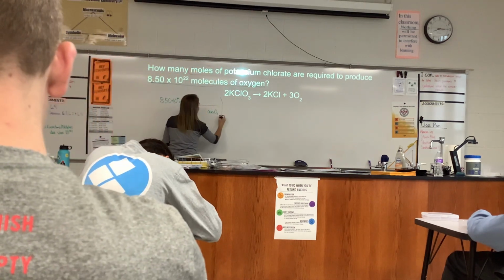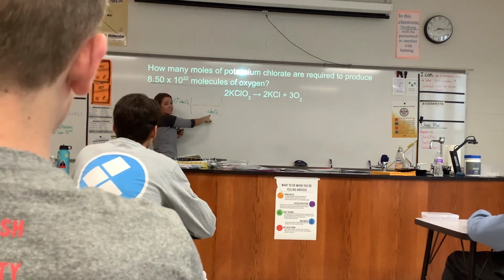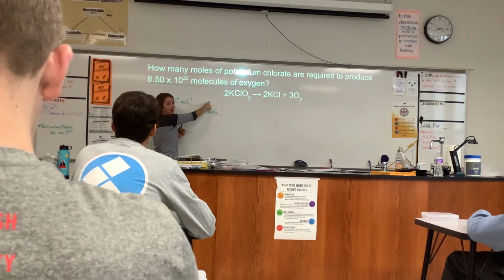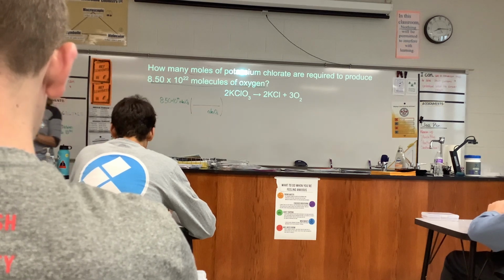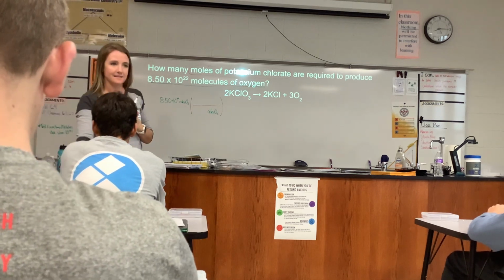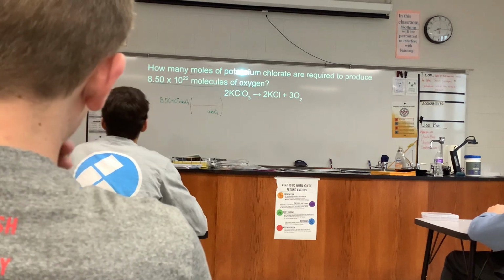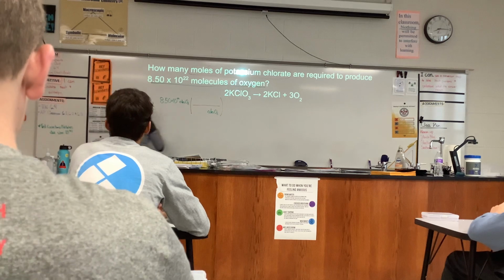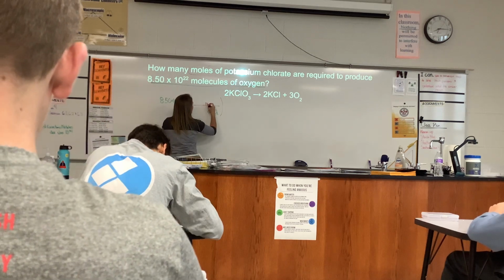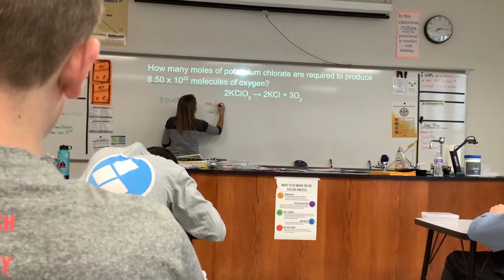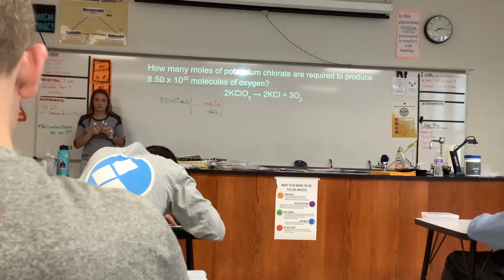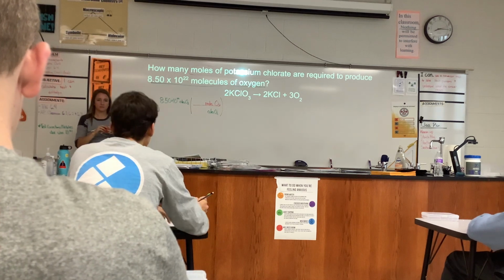The way I think of it is the bottom is the place you're leaving. The top is the place you're going. So on our map, what's the first stop that we're going? Moles of known. So on top of my fraction here, I'm converting this into moles of O2.